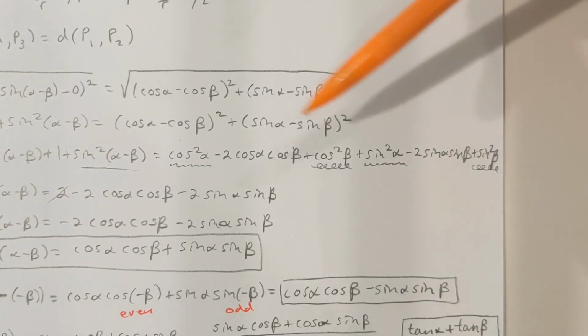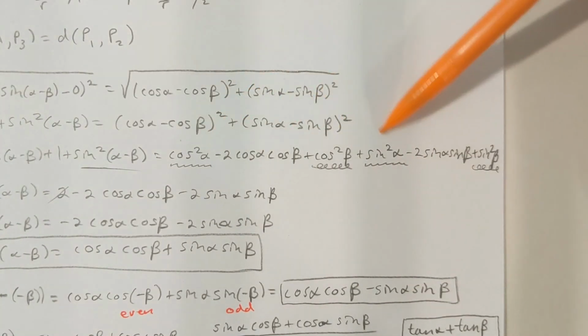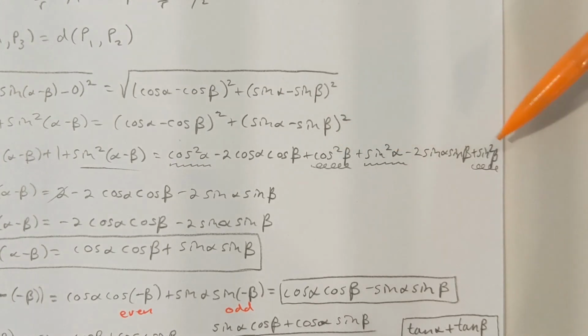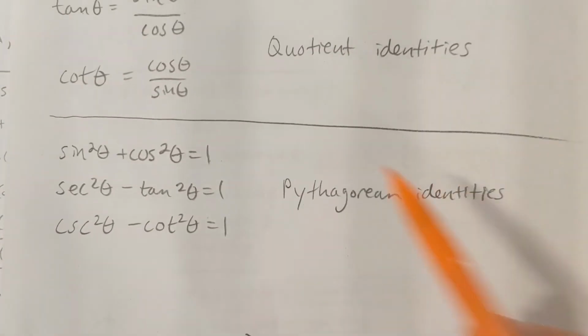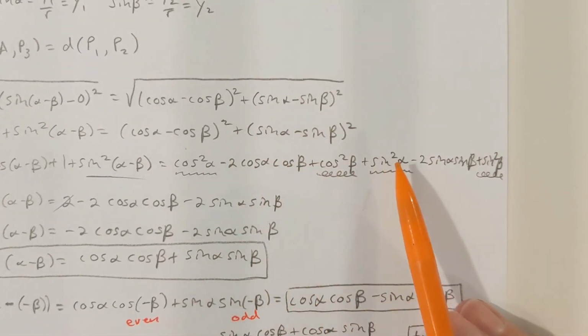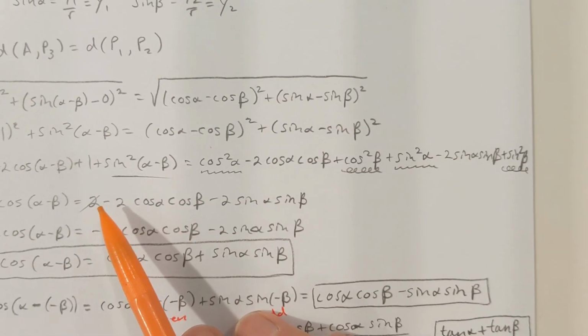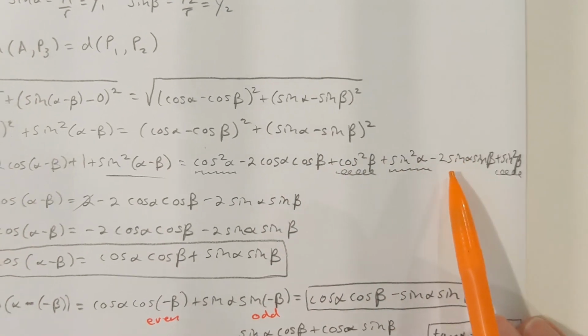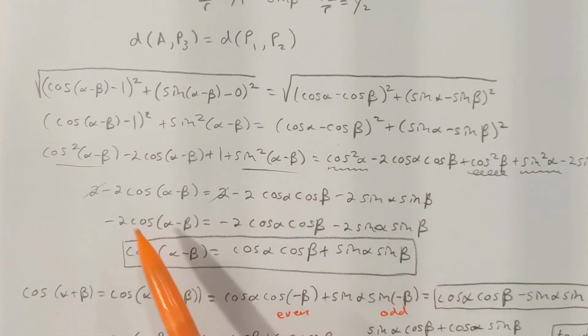On the right, cosine squared alpha plus sine squared alpha, that is 1. Cosine squared beta plus sine squared beta, that is 1. Again, that's my Pythagorean identity. That's one that you need to know. So I've got 1 plus 1 is 2. And then these terms here that are non-marked, I'm leaving as is.